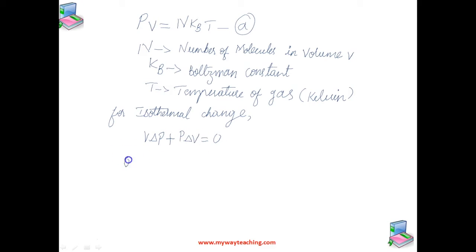Or in other words, we can write minus of delta P by delta V by V is equal to P. Okay.